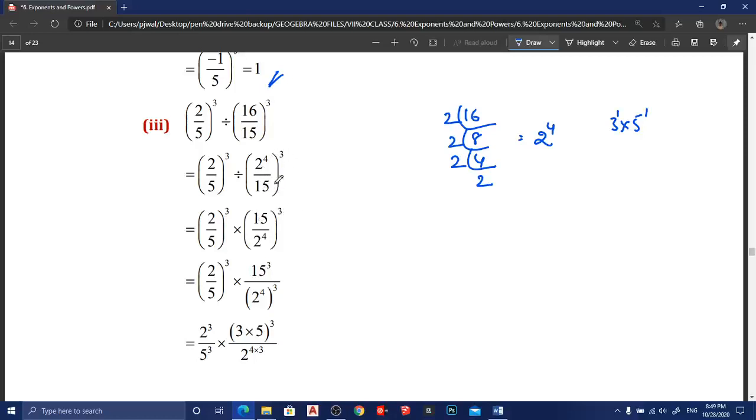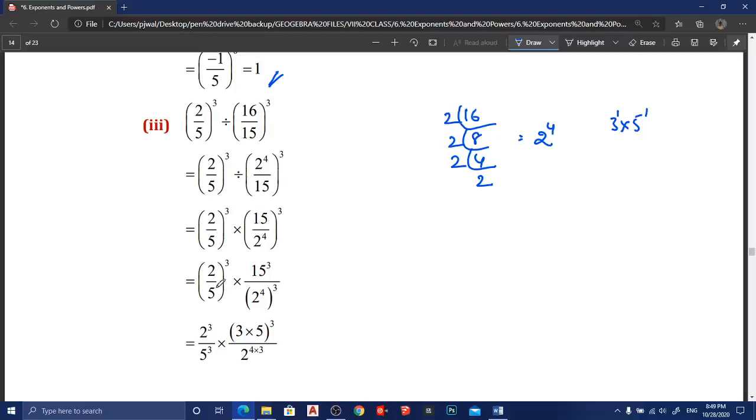Just take the reciprocal of whatever the number is given in the bracket and write the power as it is only. Okay, what is the reciprocal of 2 power 4 by 15? 15 by 2 power 4. And take the same power 3 only here. 15 by 2 power 4 whole cube. Now it is converted into multiplication.